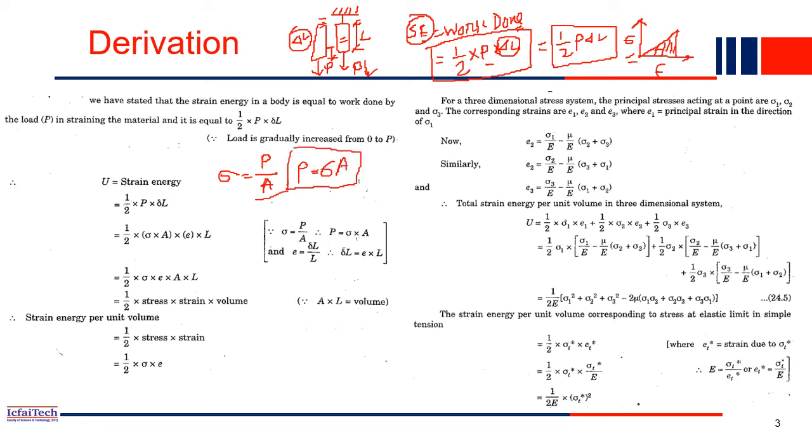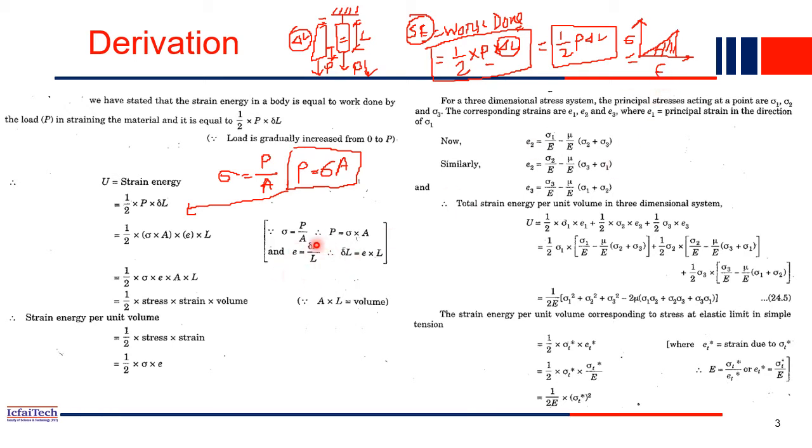So that was written here. P is now written as sigma into A, P is replaced with sigma into A. And what is delta L? Sigma is P by A, so P is sigma A. But what is delta L? Epsilon is the strain, right?